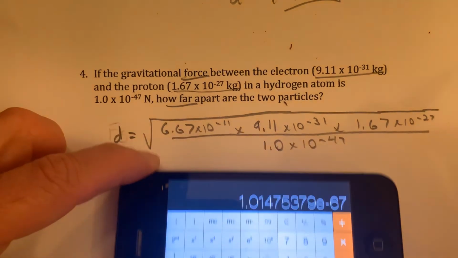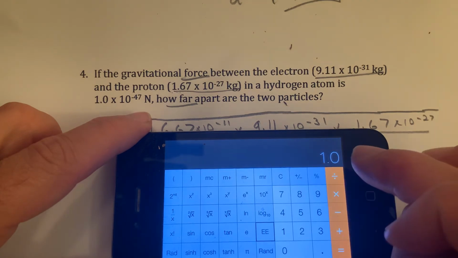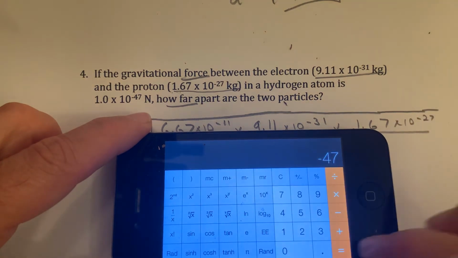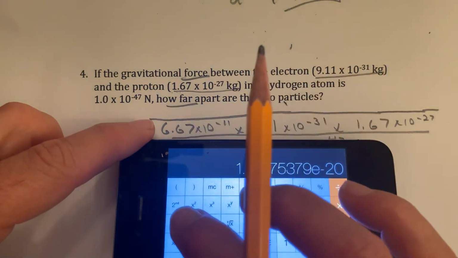Then we're going to divide that by 1.0 E negative 47 equals this number. And remember, we got to take the square root of everything.